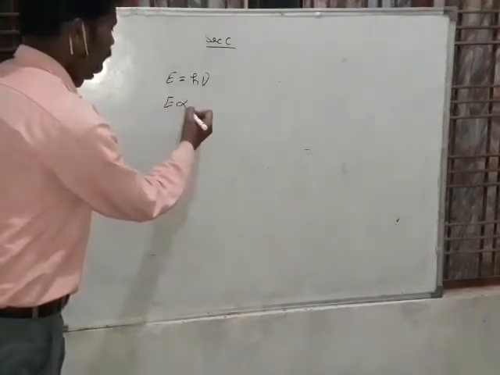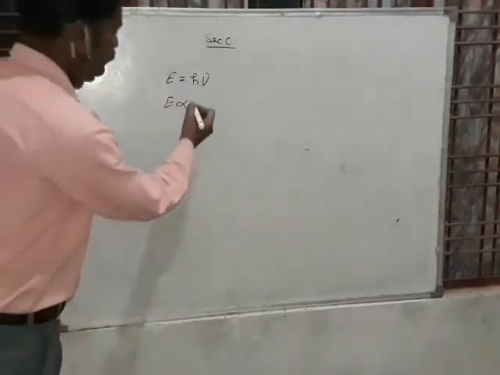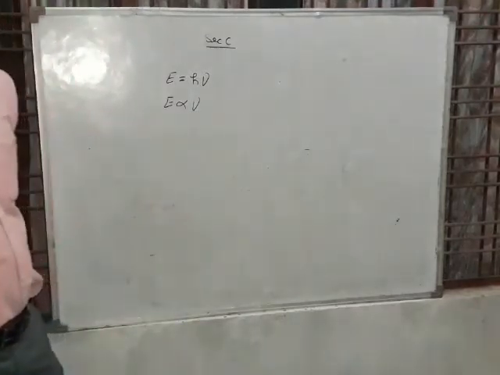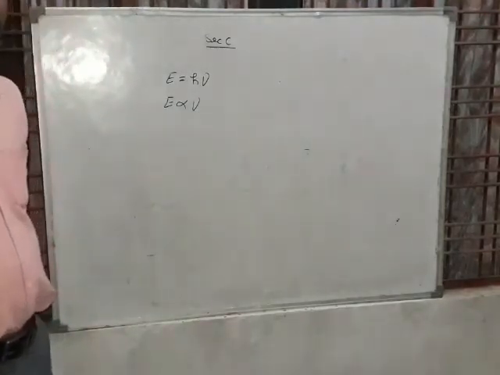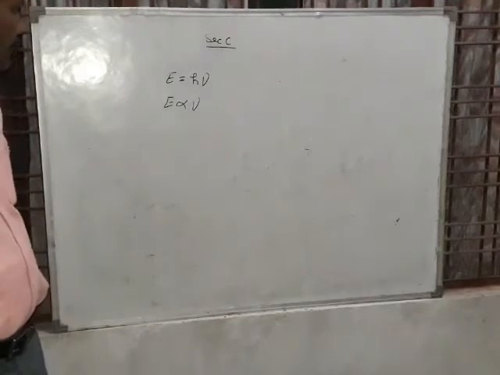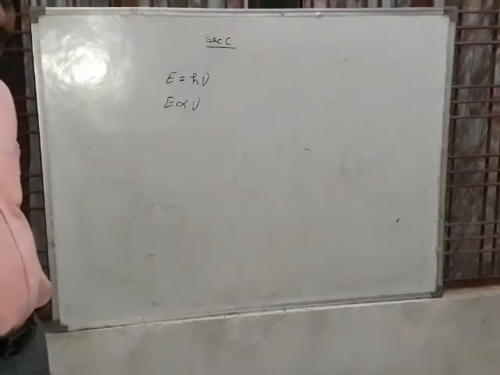So we can say that E is directly proportional to nu, and nu is the frequency of light. If the frequency is greater, the energy associated will also be greater.